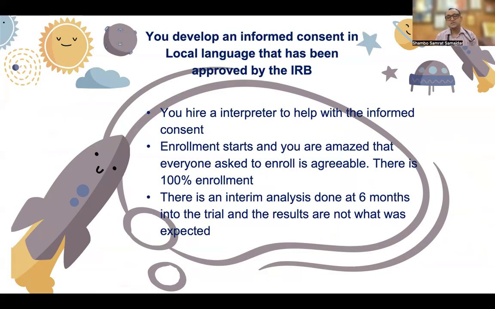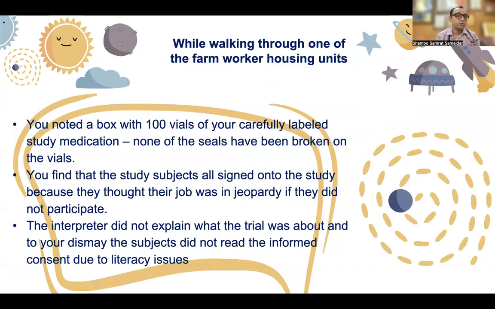Now, an interim analysis is done at 6 months, and the results are not what was expected. So you became very sad. And while walking through one of the farm worker housing units, you noted a box with 100 vials of your carefully labeled study medication, and none of the seals on the vials had been broken.